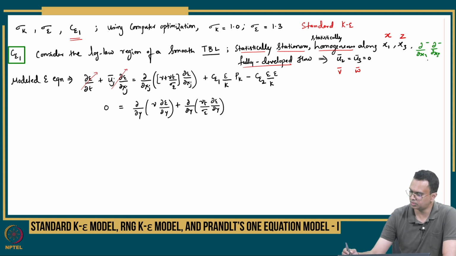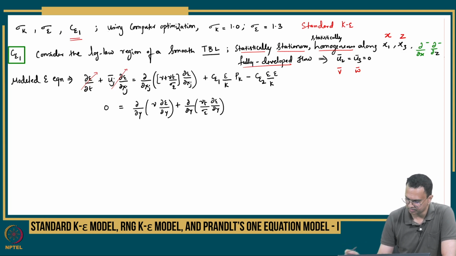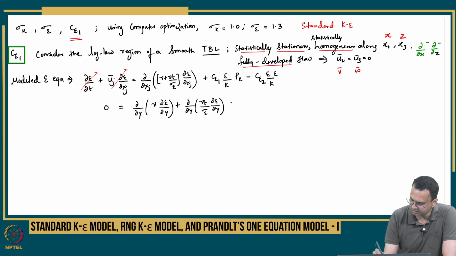So the dou by dou x and dou by dou z terms go away here. So the viscous term and the turbulent diffusion rate, plus C epsilon 1 epsilon by k pk minus C epsilon 2 epsilon by k epsilon.